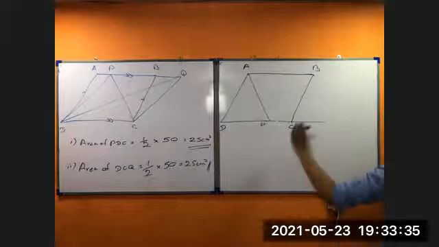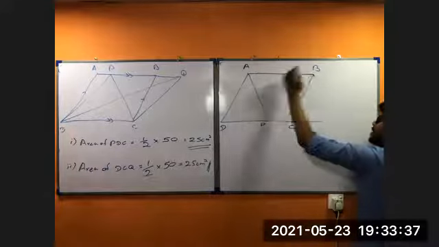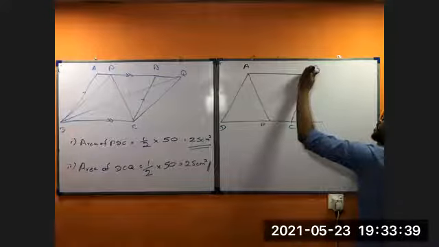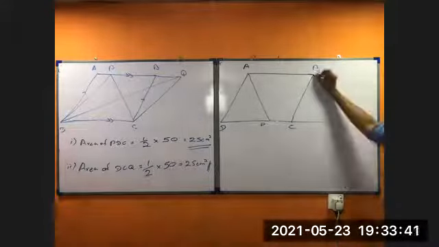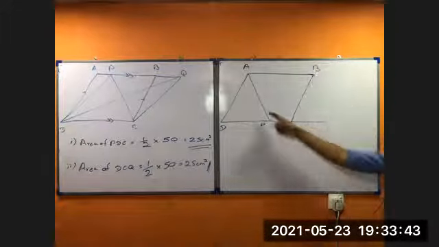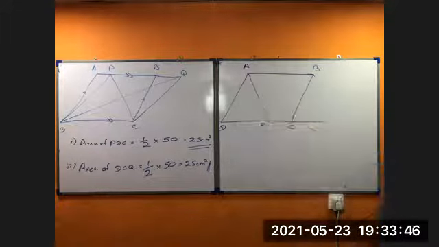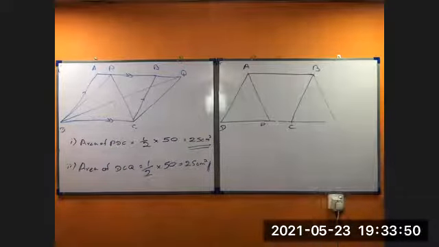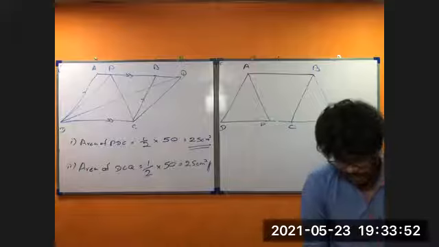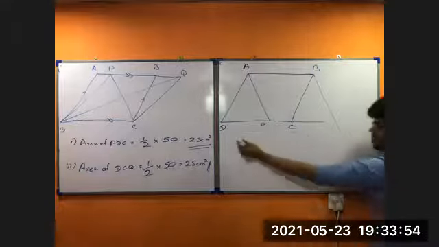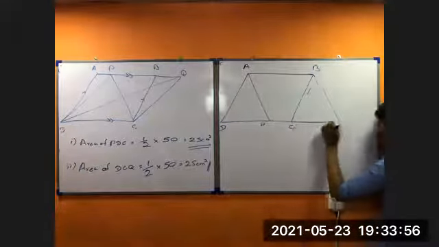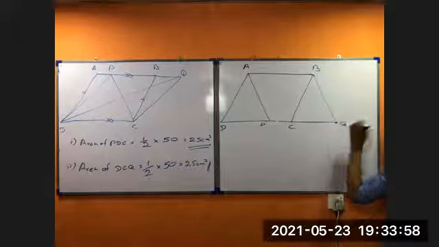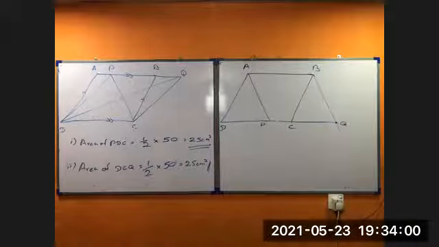So they are going to draw a line parallel to AP through B. So here it is B. That will be parallel to this one, so it will be something like this. Then meet DC produced at Q. So this is DC. They are going to produce DC and they meet at Q.